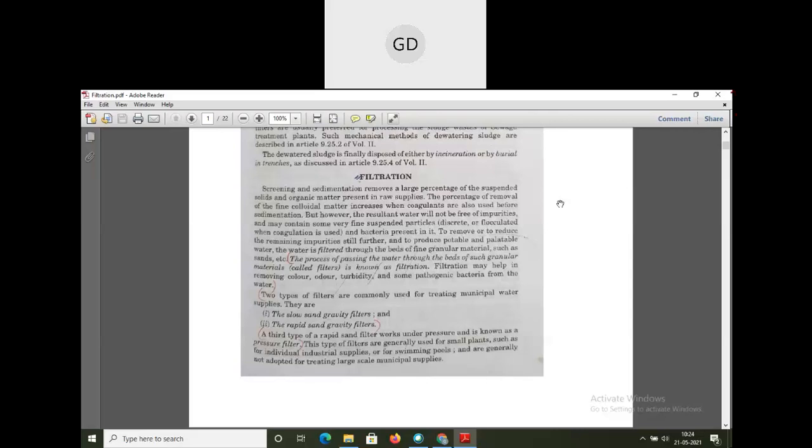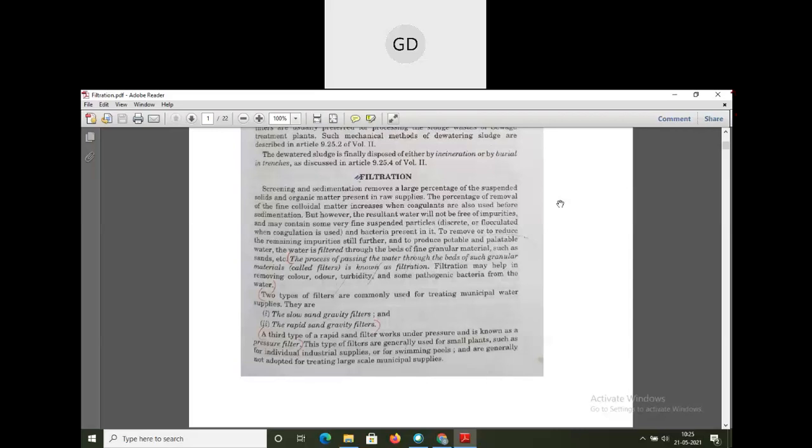The water that comes from screening and sedimentation, though it removes the suspended solids and organic matter present in the water, even after sedimentation aided with the coagulation process, very fine suspended particles and some of the bacteria are not removed.